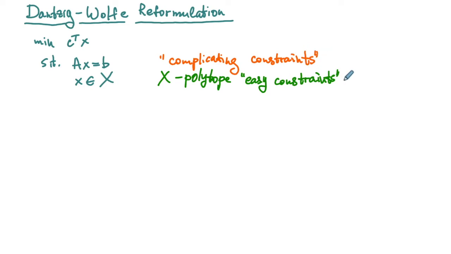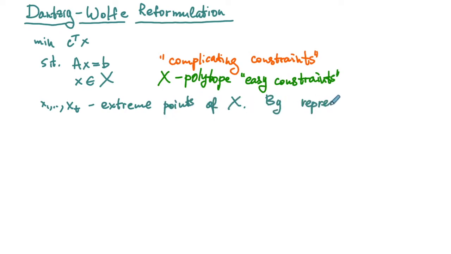To obtain the Dantzig-Wolfe reformulation, we are going to use the representation theorem for the easy constraints. So assume that x1 through xt are the extreme points of the set X. Then by the representation theorem, every point from the set X capital can be represented as a convex combination of these extreme points.